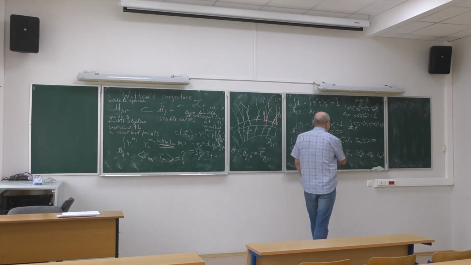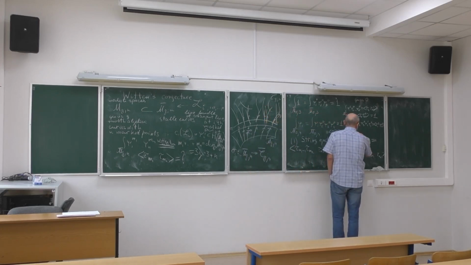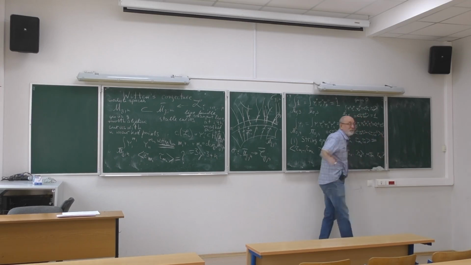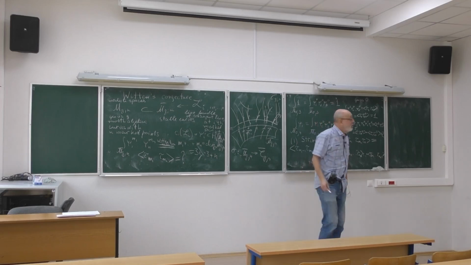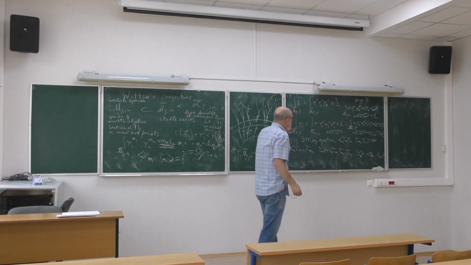Exactly. It is tau 1, tau 0 cubed, plus tau 1, tau 0 cubed, which is 2.